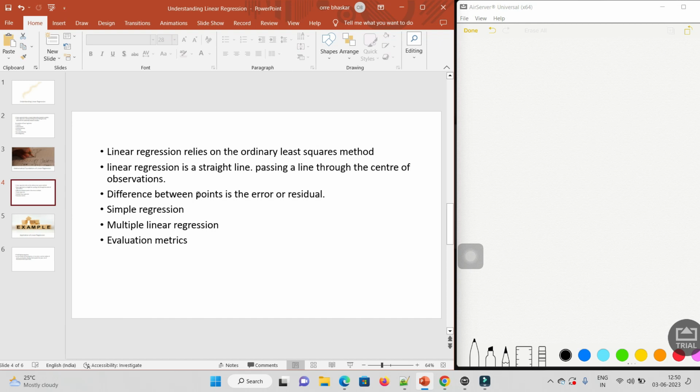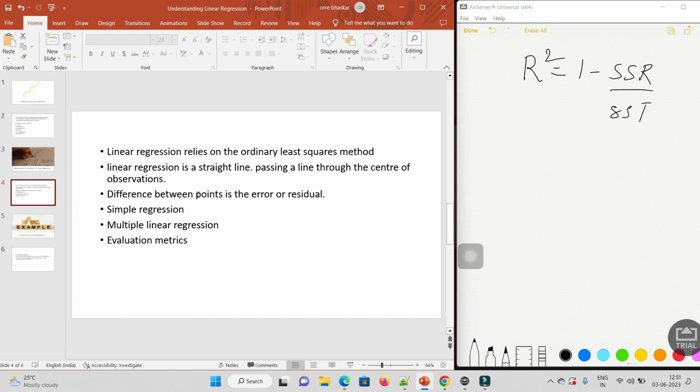So let's go to the equation. R square equals 1 minus SSR by SST. This is our R square metric, where SSR is the sum of squared residuals.